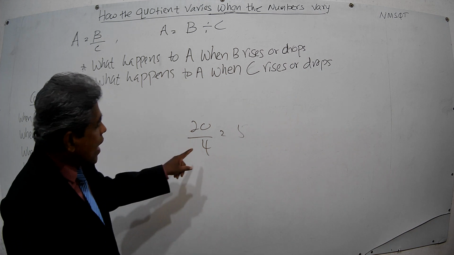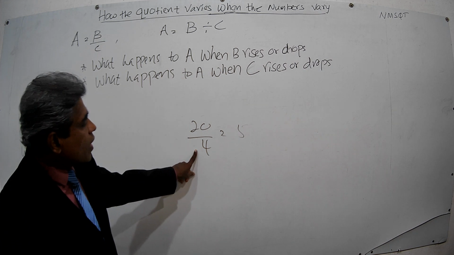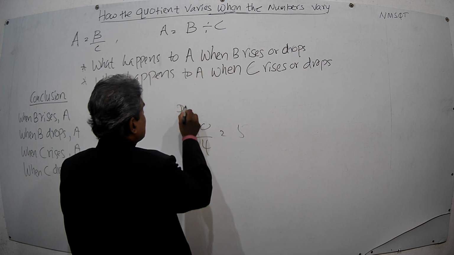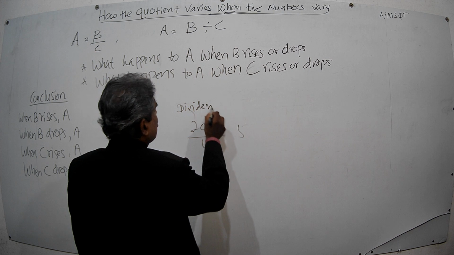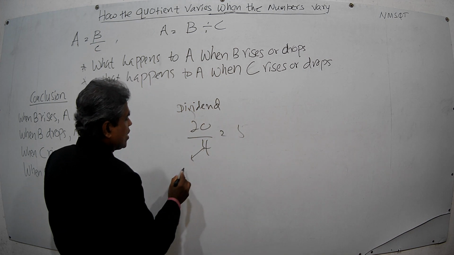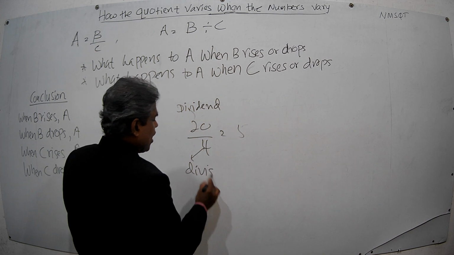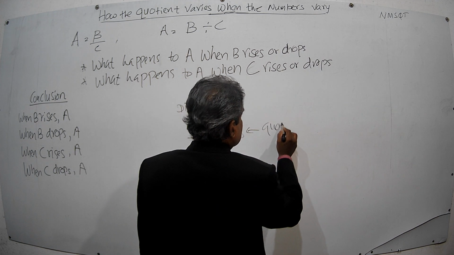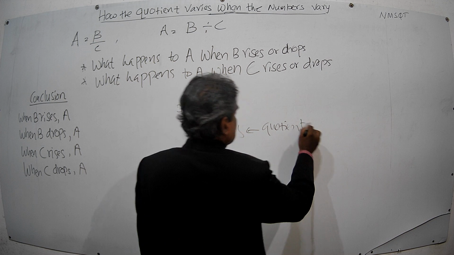Here it is 20 and here it is 4. The quotient is 5. This one is called the dividend, this is called the divisor, and this is called the quotient. Those are the terms used in mathematics.